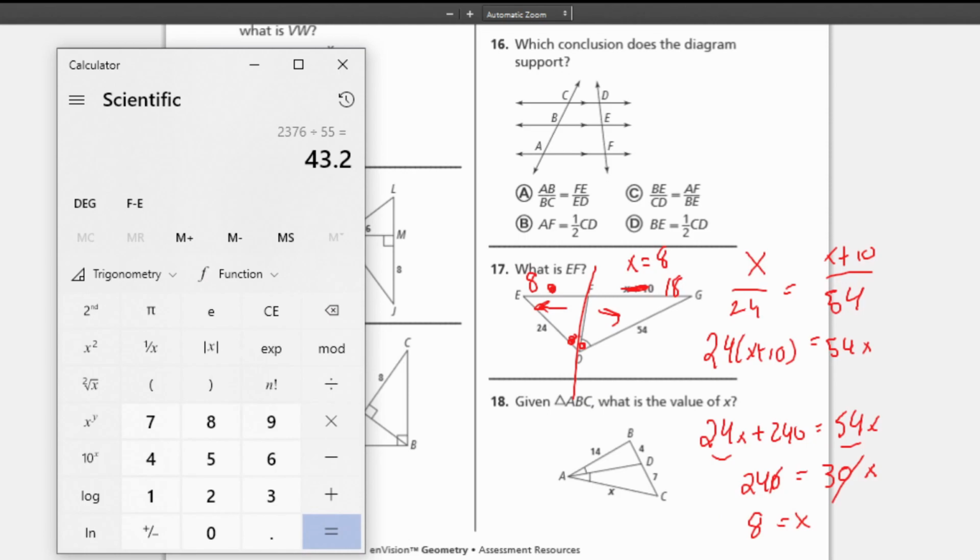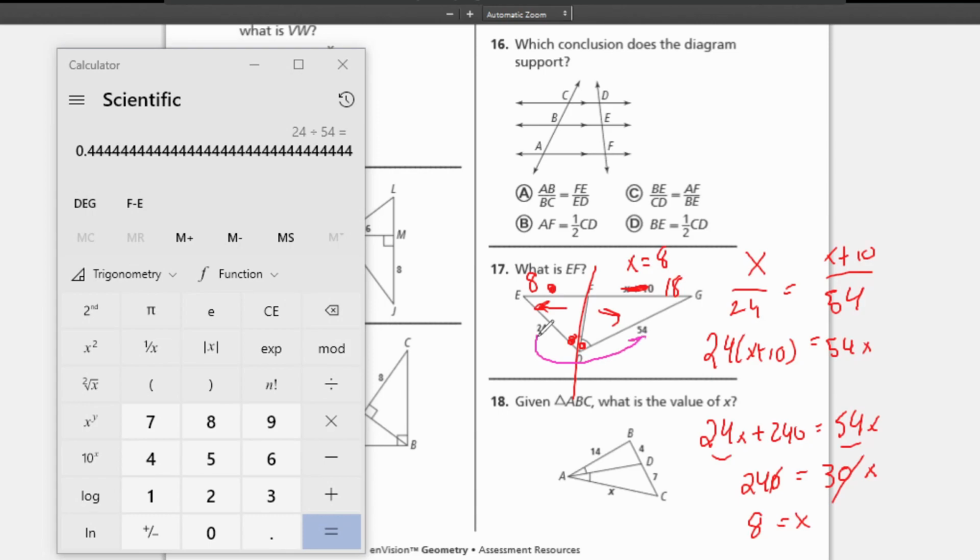So here, to go from 24 to 54, I have a scale factor of 0.4444. Right? Let me move the pen so I can have control over this. To go from 24 to 54, I have the scale factor of n equals, well, 0.4 repeating.